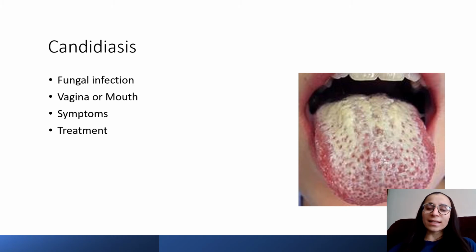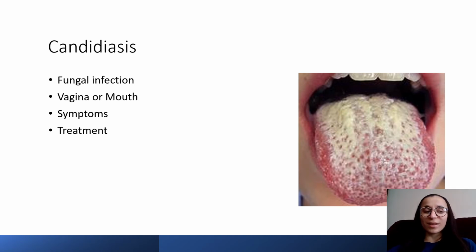Okay, candidiasis. Candidiasis is a fungal infection. As we see in the picture over here, that's a pretty severe-ish form. But anyways, it could occur in the vagina or the mouth. If it's in the vagina, it's a yeast infection, and they're going to have symptoms like burning, itching, and cheese-like vaginal discharge. When it affects the mouth, it's called oral thrush, like you see in this picture here.